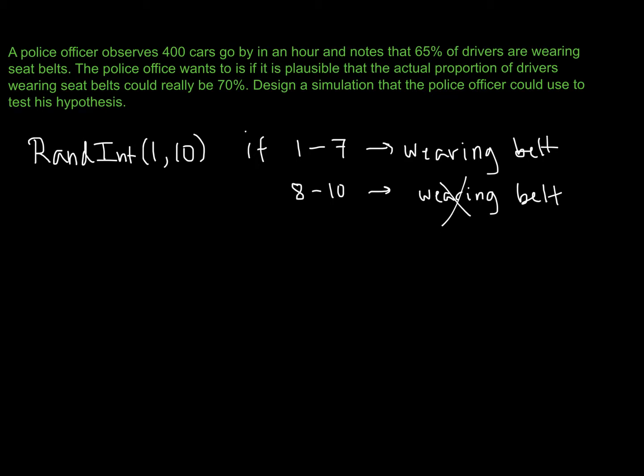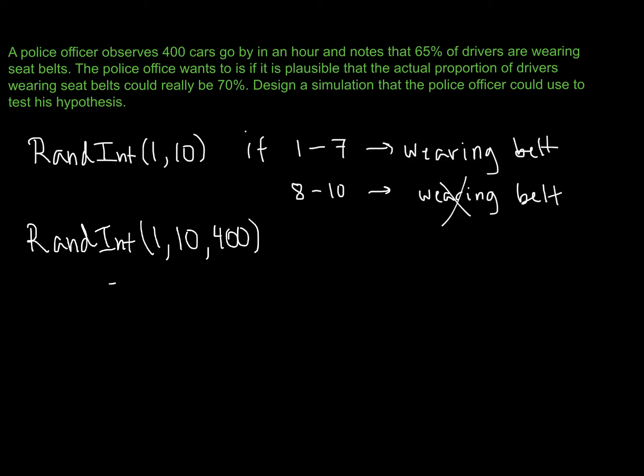So we don't want to select 400 random integers by pressing enter 400 times. A way that we can do this is we can have our calculator print out 400 random integers. So we could do random int from 1 through 10 and have it select 400 of them.